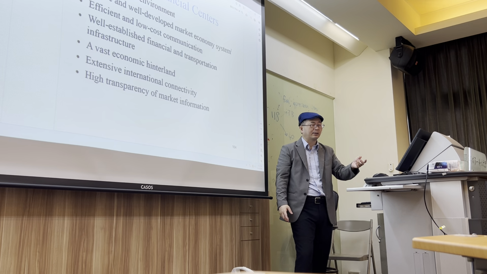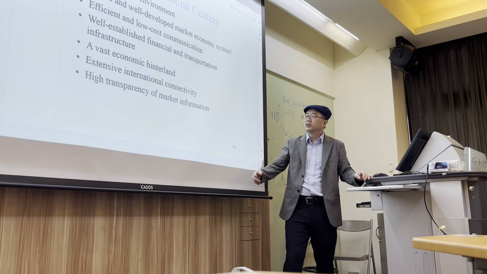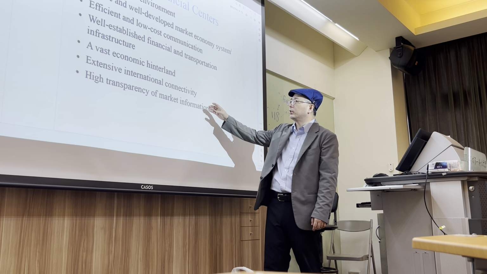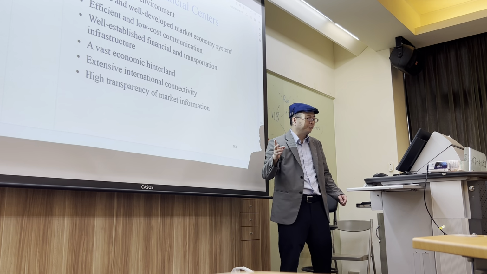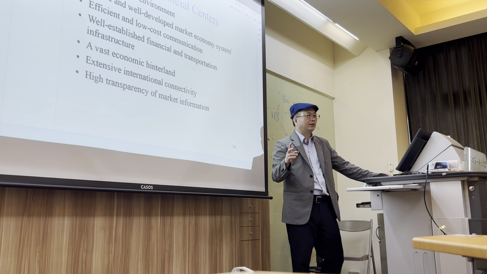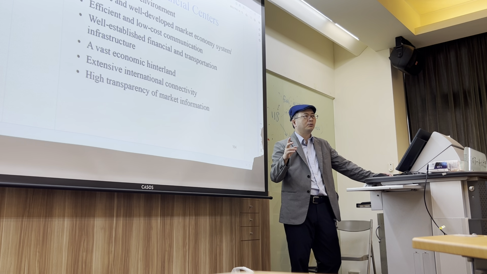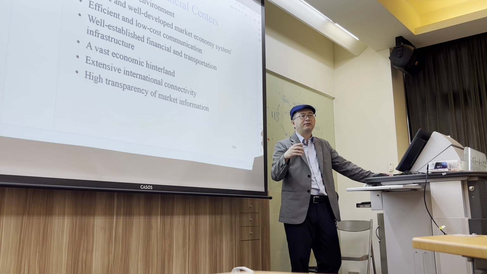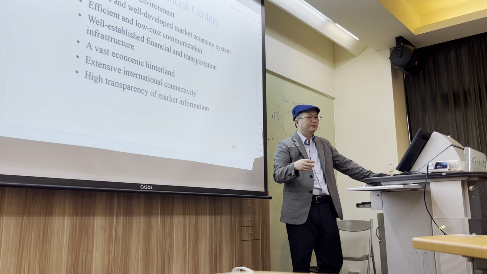So I think it's something to do with the regulation, right? Okay. So I can tell you something about transparency of the market information. Before 1997, we know the South Koreans experienced some difficulty, like a crisis, a financial turmoil.